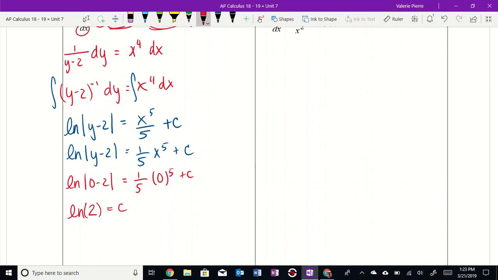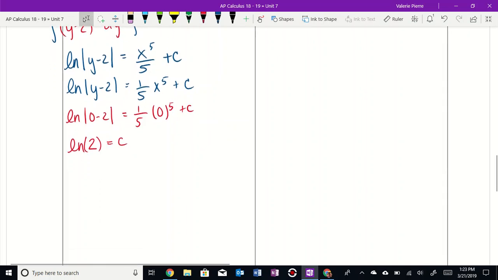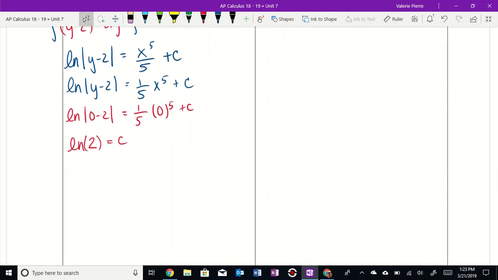So what we're going to do now is plug that value in for c. So we have ln y minus 2 equals 1/5 x to the 5th plus ln of 2. Now, a particular solution has to equal f of x.